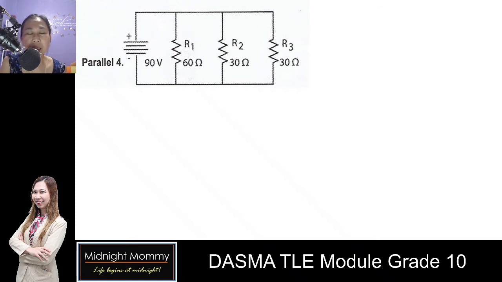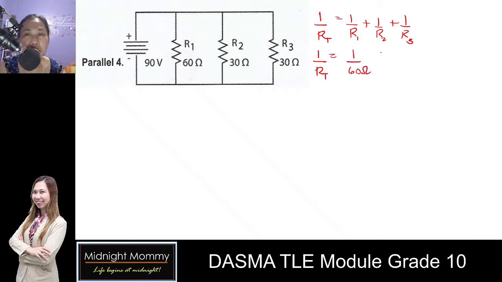So ganun din, tatlong resistors din and then nakaparallel siya. Okay, so gawin natin ulit. So 1 over RT is equal to 1 over R1 plus 1 over R2 plus 1 over R3. Okay, so substitute lang natin: 1 over RT is equal to 1 over 60 plus 1 over 30 plus 1 over 30.